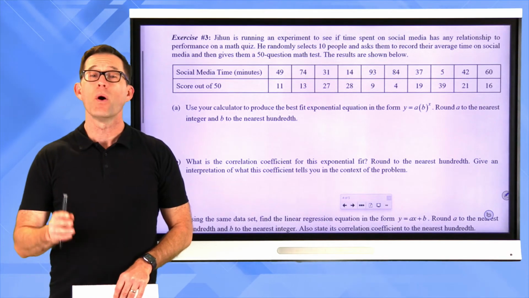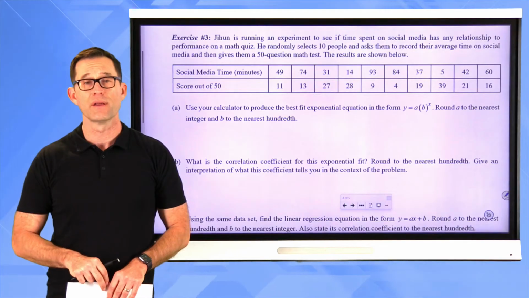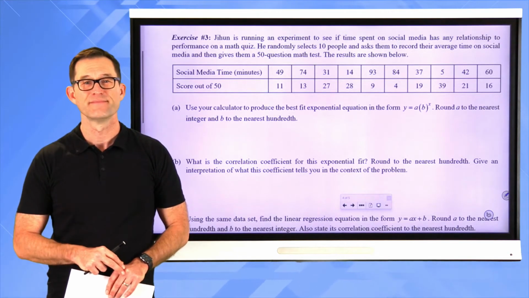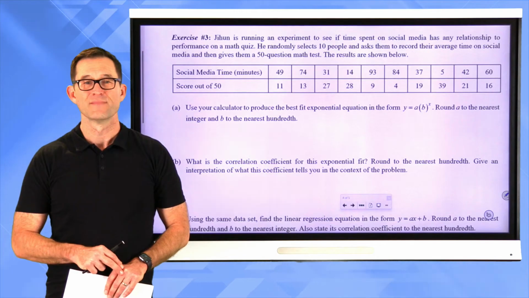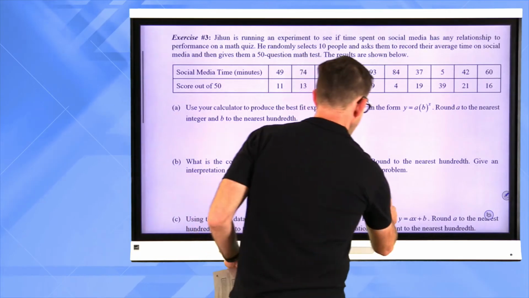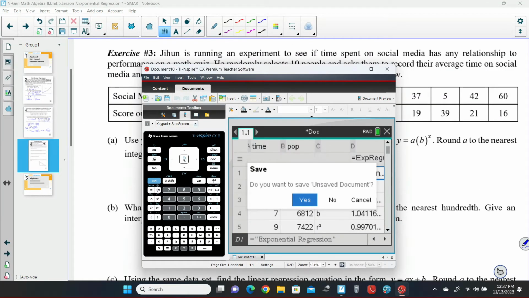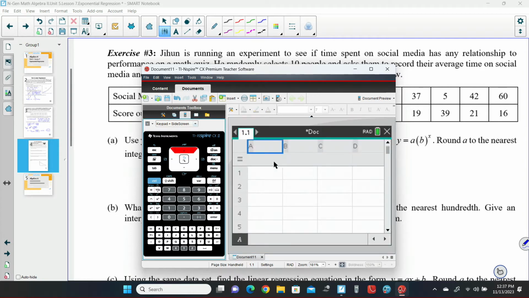All right, well, why don't you go ahead and do that, and then we'll put the data in our calculator and look at that regression itself. Take some time to do that. All right, well, again, I've got to be a little bit careful here. Let me open up the calculator. I'm going to go to a brand new document just so that it's easy. I'm going to go into my spreadsheet.